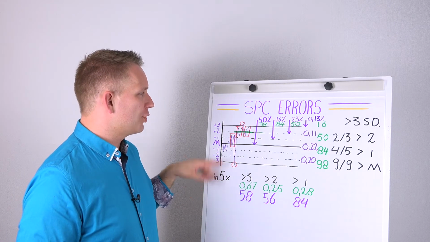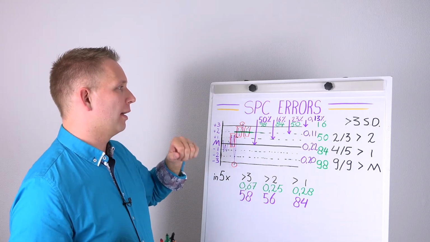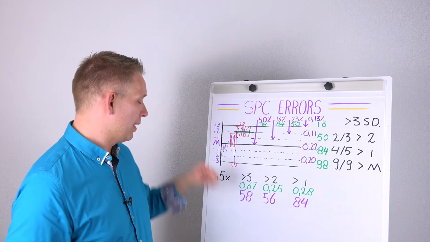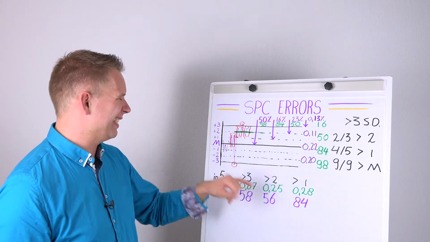If we check it 5 times, what is the chance that we accidentally trigger an over 3 standard deviations in 5 measuring points? Then we are already up to almost 0.7, 0.67.